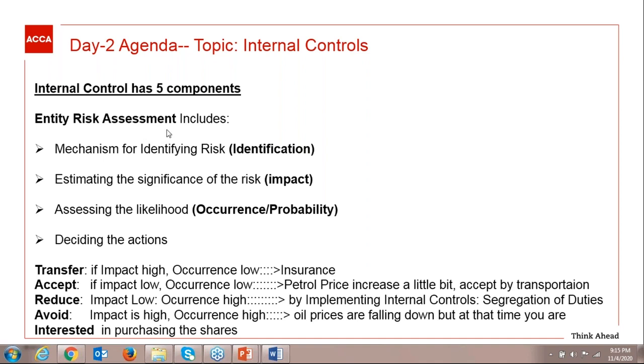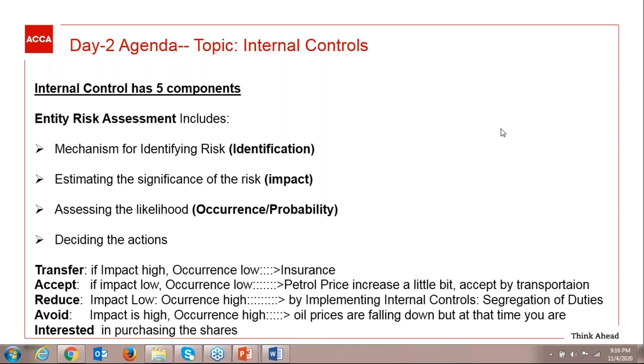The entity risk assessment includes the system for identifying risk. So the first step is identification, estimating the significance of the risk, their impact, their result, their output.